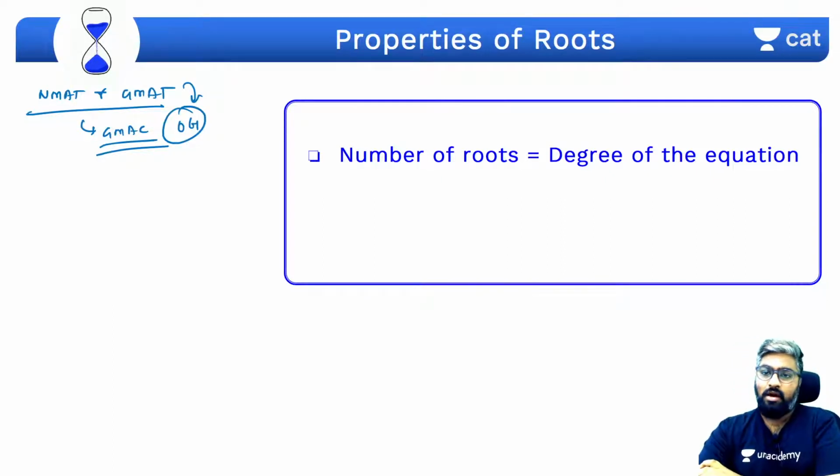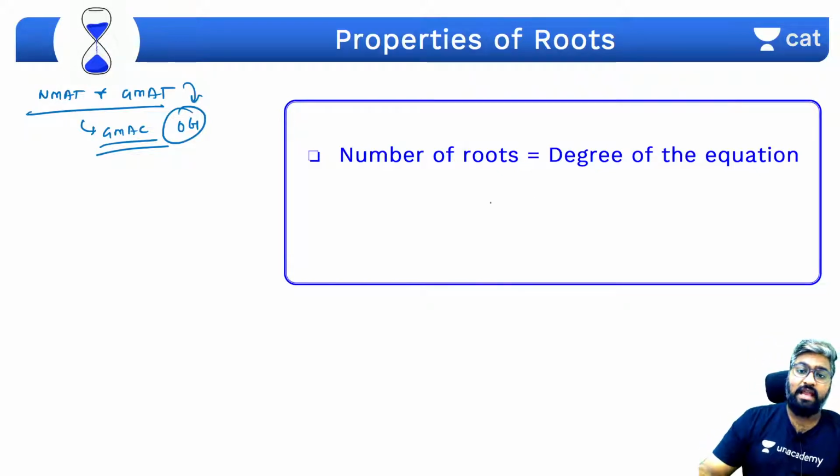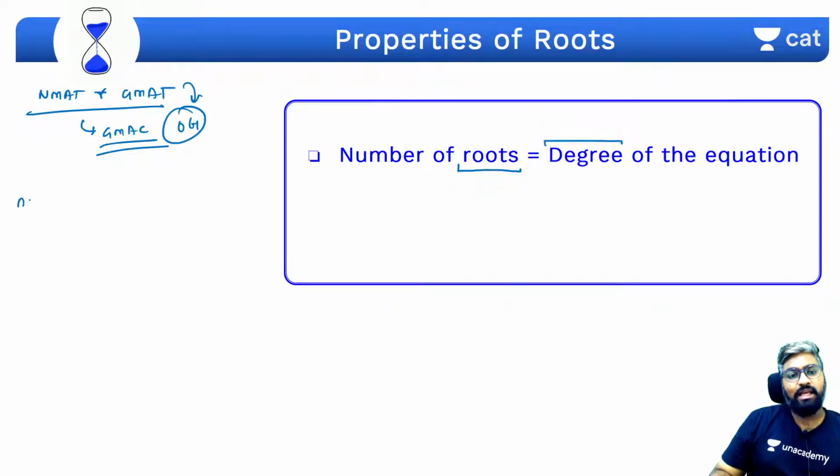The number of roots of any given polynomial equation will always be equal to its degree. For a linear equation in one variable, the number of roots is always 1.